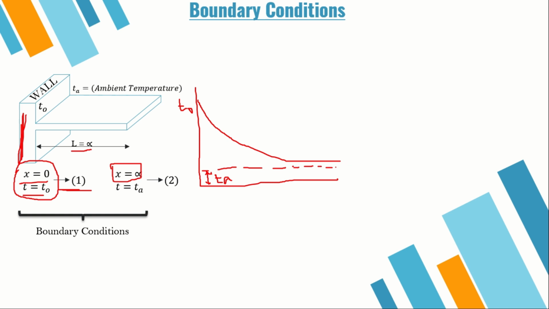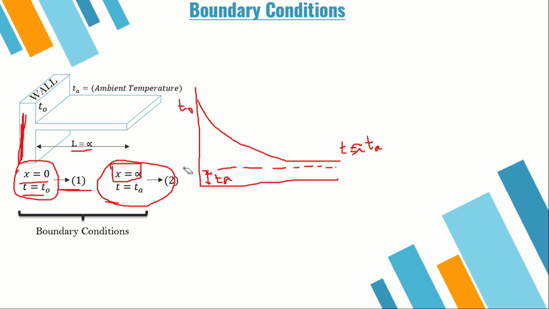So at infinity, we know that T would be equal, or approximately equal, to Ta. This would be the correct statement. As the graph moves exponentially, at an infinite distance the fin temperature at the tip would be equal to the ambient temperature. Let this boundary condition be equation 2.